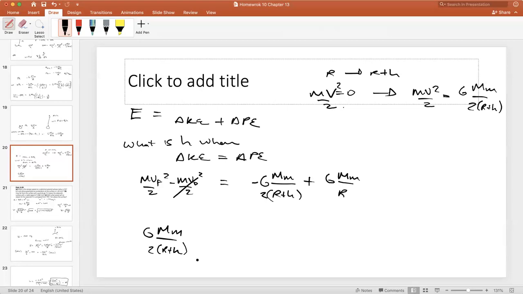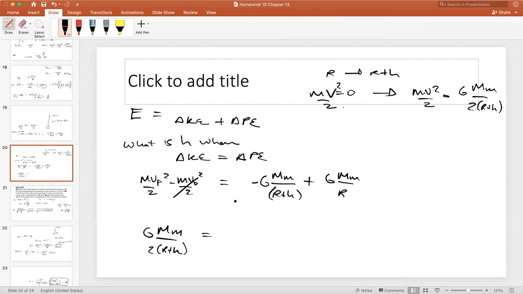And furthermore, this is equal to, I feel like there's something strange going on here. Oh, there's no 2 there. I'm sorry, I'm just throwing stuff in. There's no 2 there. That's potential energy.